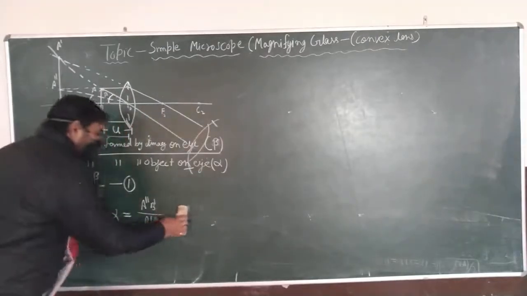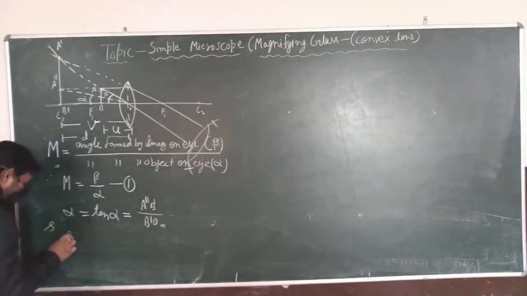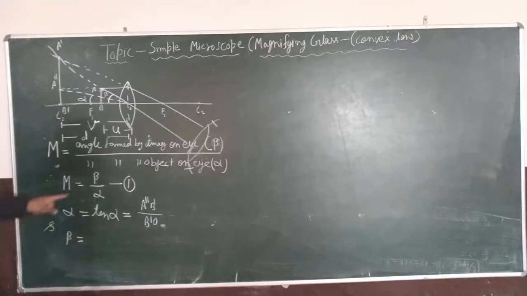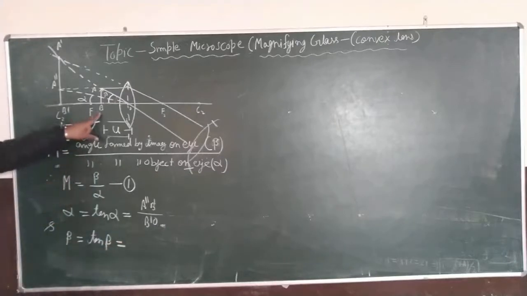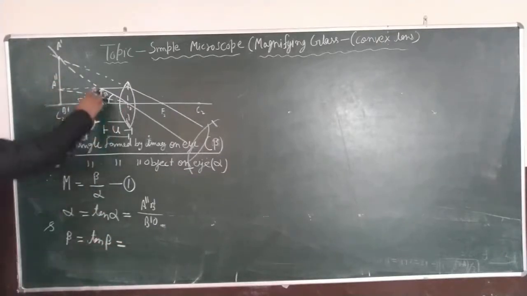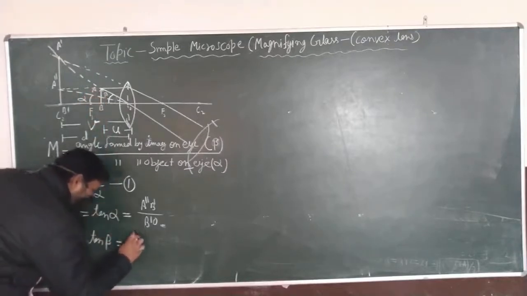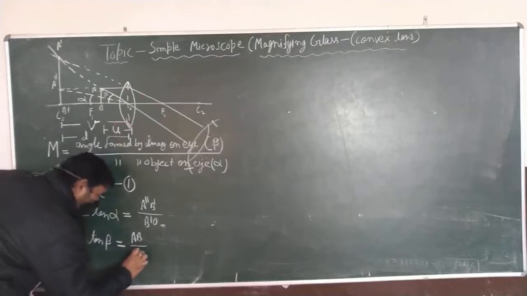Just do till this point, and for beta we can calculate tan beta, which is the angle formed by the image on the eye, AB upon BO.